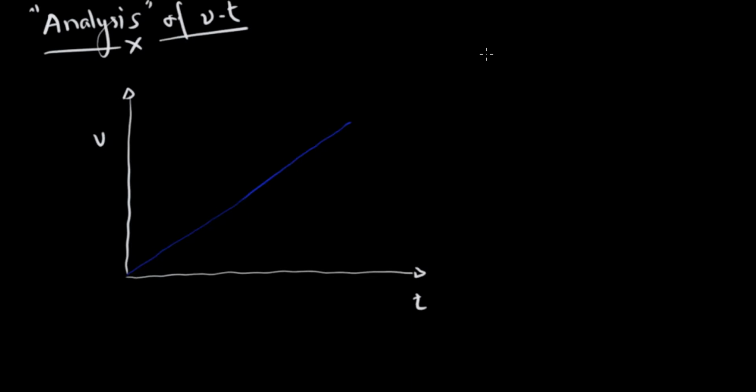Obviously, I can say that the body is under uniform acceleration, right? Because it's a straight line and it happens to be making some sort of angle with the time axis. So my body is uniformly accelerated. Okay, now as I told you, I can calculate the distance from the VD graph.